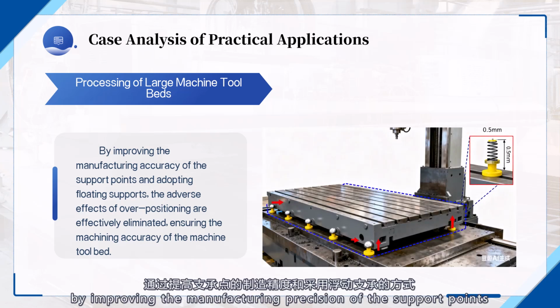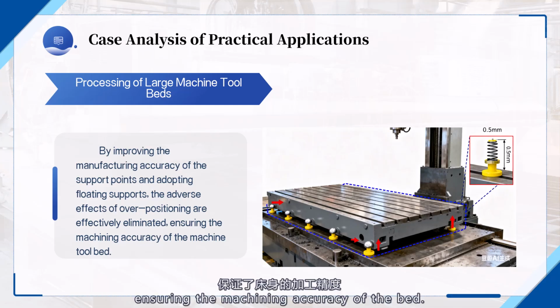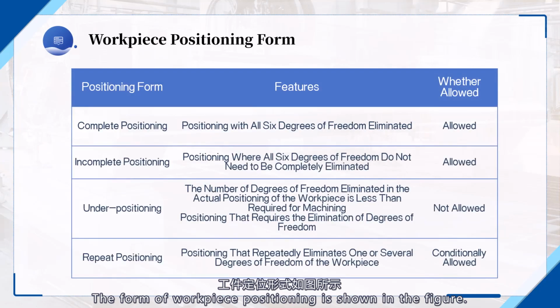However, by improving the manufacturing precision of the support points and using floating supports, the adverse effects of over-positioning were effectively eliminated, ensuring the machining accuracy of the bed. The form of workpiece positioning is shown in the figure.